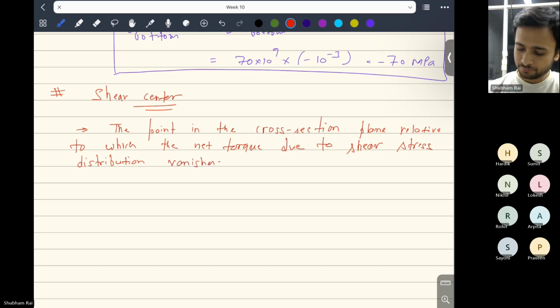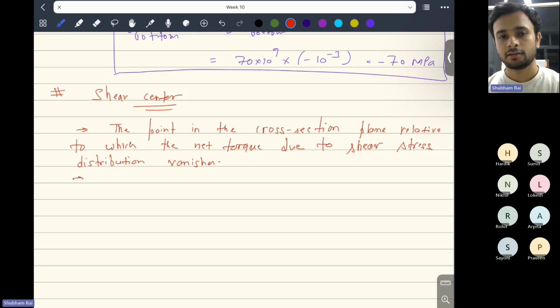Also, we can say that it is the point in the cross-sectional plane relative to which the net torque due to shear stress distribution vanishes. So there will not be any torque due to shear stress distribution about this shear center.